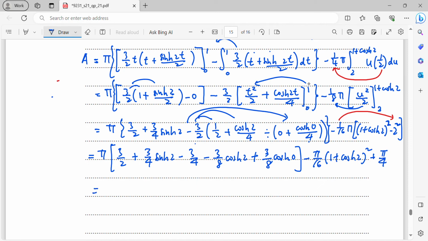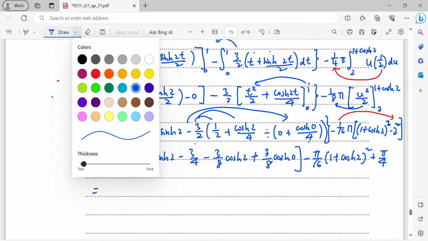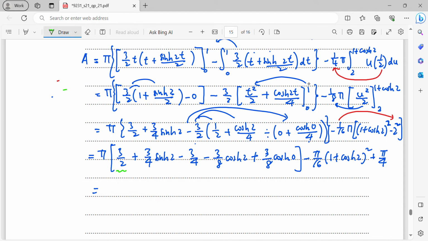So now, when you simplify this, look at the constants first. 3 over 2 minus 3 over 4, and then together with this, 3 over 8 cos 0.